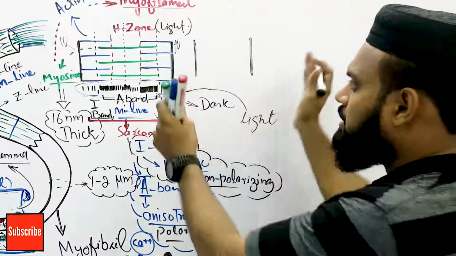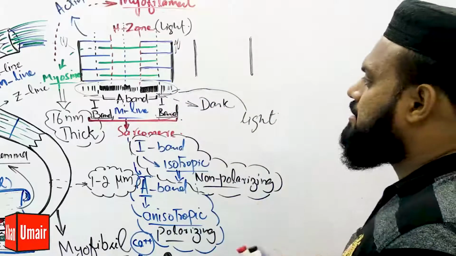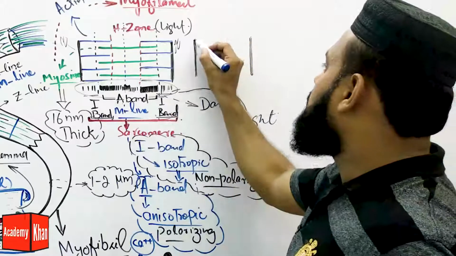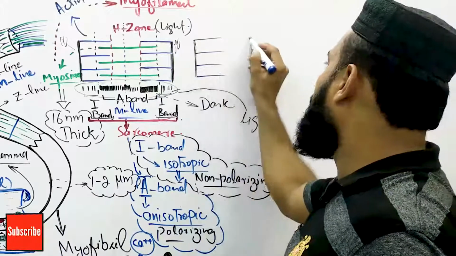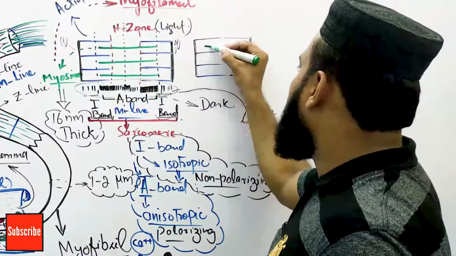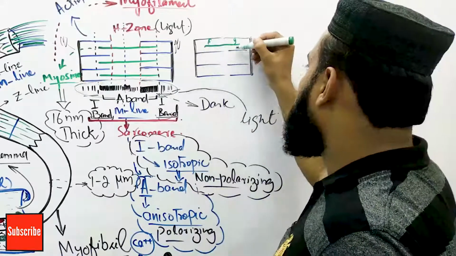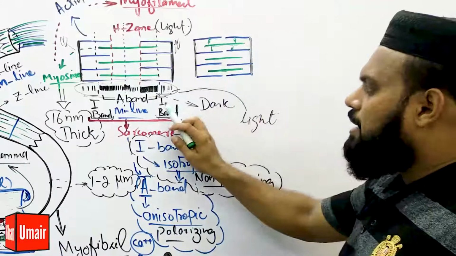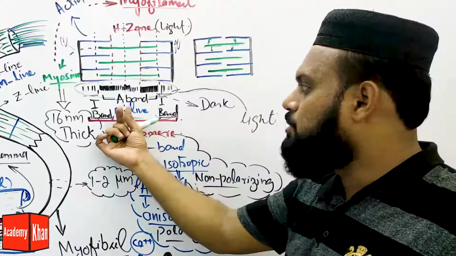So Z lines come close to each other and the I band here and I band here will shrink, because the actin filaments are going to meet up in the middle. Why? Because the myosin, after making globular heads, is contracting the muscle. As you can see, the I bands just come close to each other.